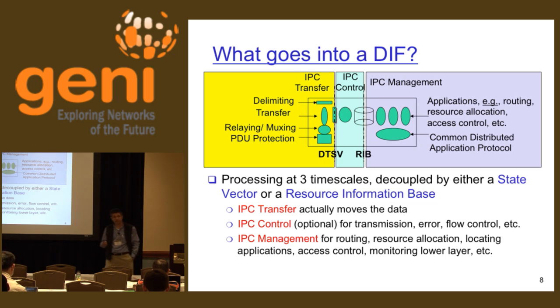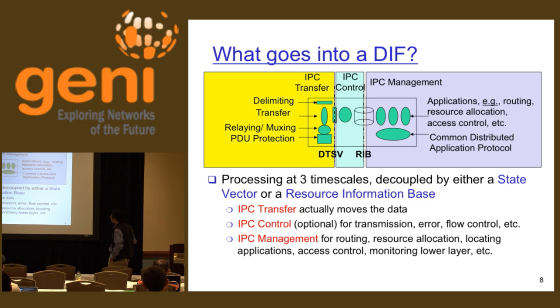So the management for us is basically applications here that include routing, resource allocation, locating applications, monitoring lower layer services, and so on, running over a common distributed application protocol that allows them to access management objects. So we are talking about routing objects if you are talking about a routing management application, or access control lists, or flow objects, etc. Okay, so they're all using one common object-based application protocol.